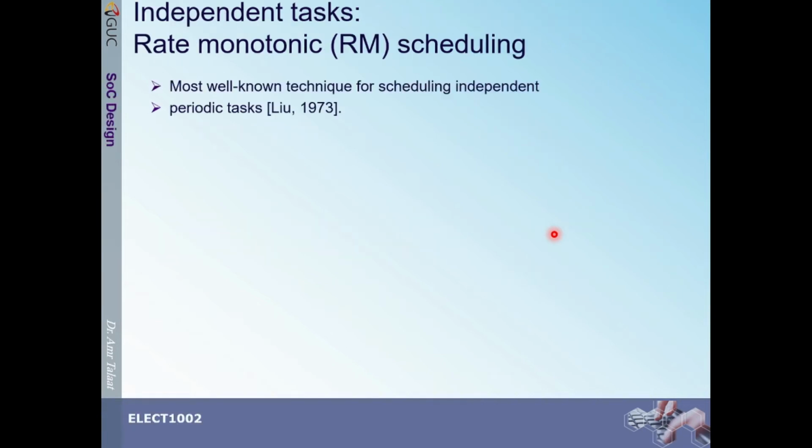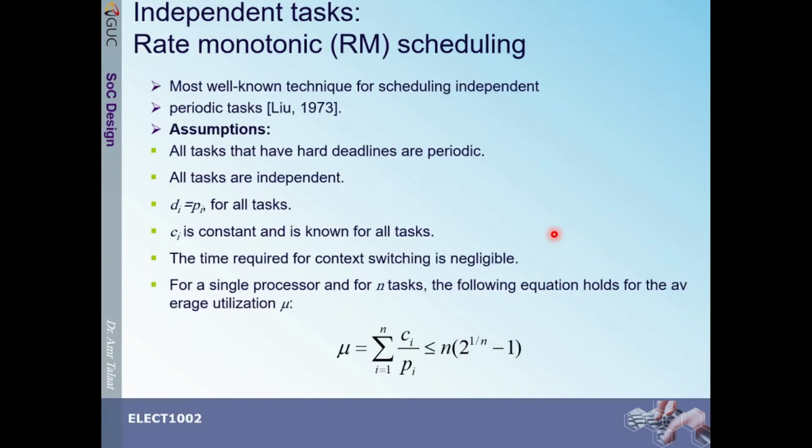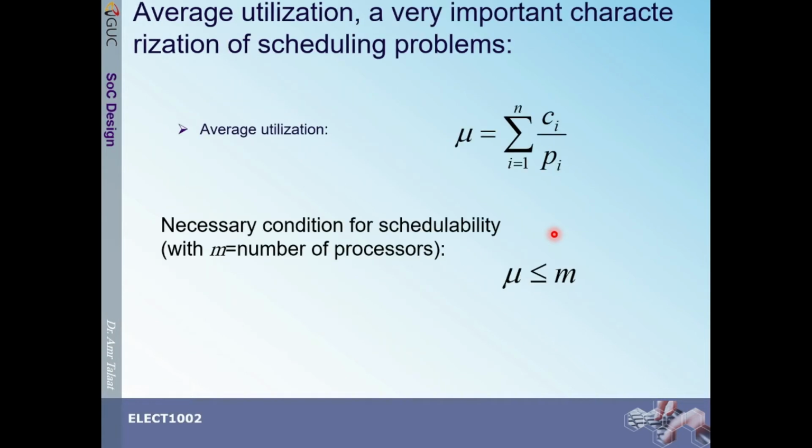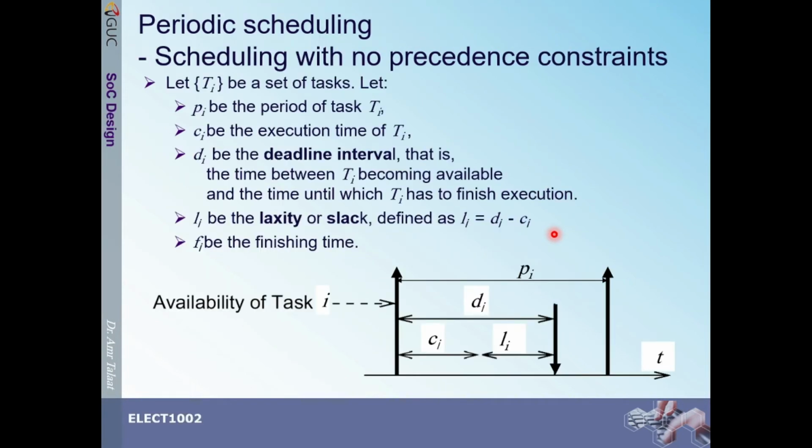Okay? For instance, think about this. If you have 10 tasks, and each task will take 5% of the system, so 10 multiplied by 5%, then your utilization is going to be 50%.